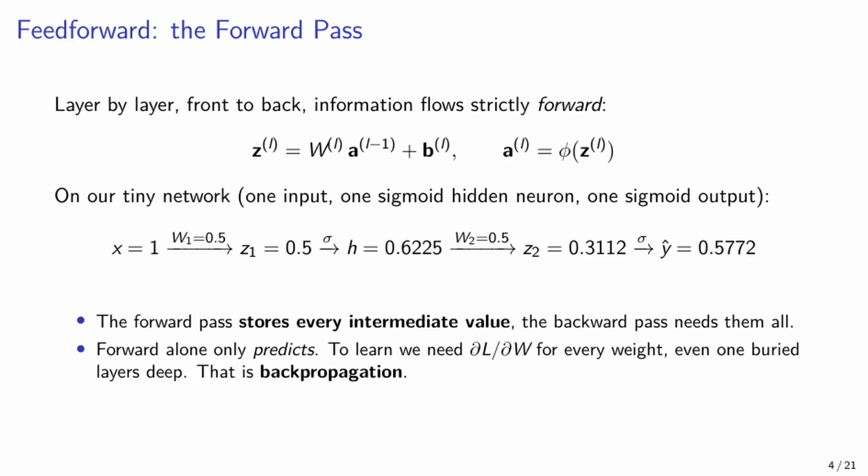The forward pass stores every intermediate value because the backward pass will need all of them. And forward alone only predicts. To learn, we still need a gradient for every weight.